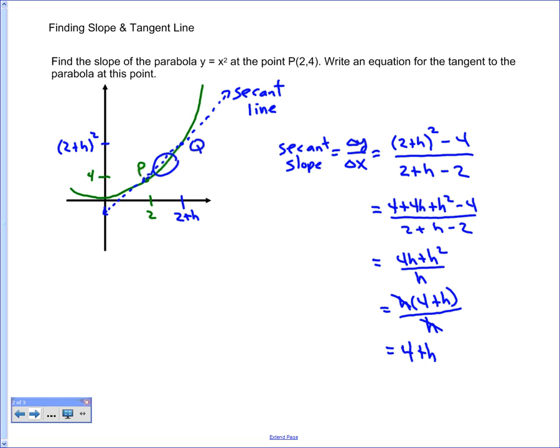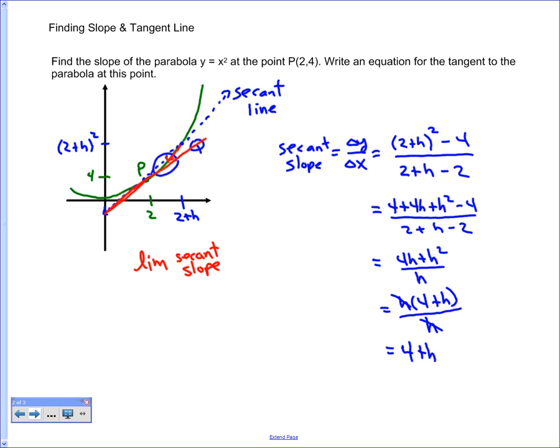Now we want the slope of the tangent. To find the slope of the tangent, we want the line that intersects right there at that single point. What we can do is allow point Q to slide closer and closer to point P, and our secant line is going to approach becoming our tangent line. So what we want is to take the limit of the secant slope.